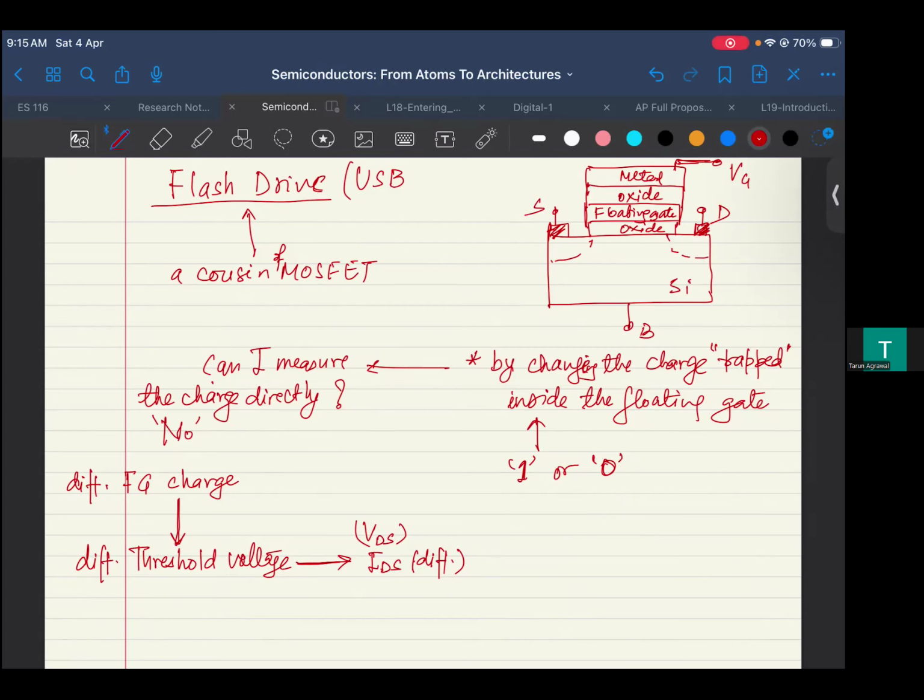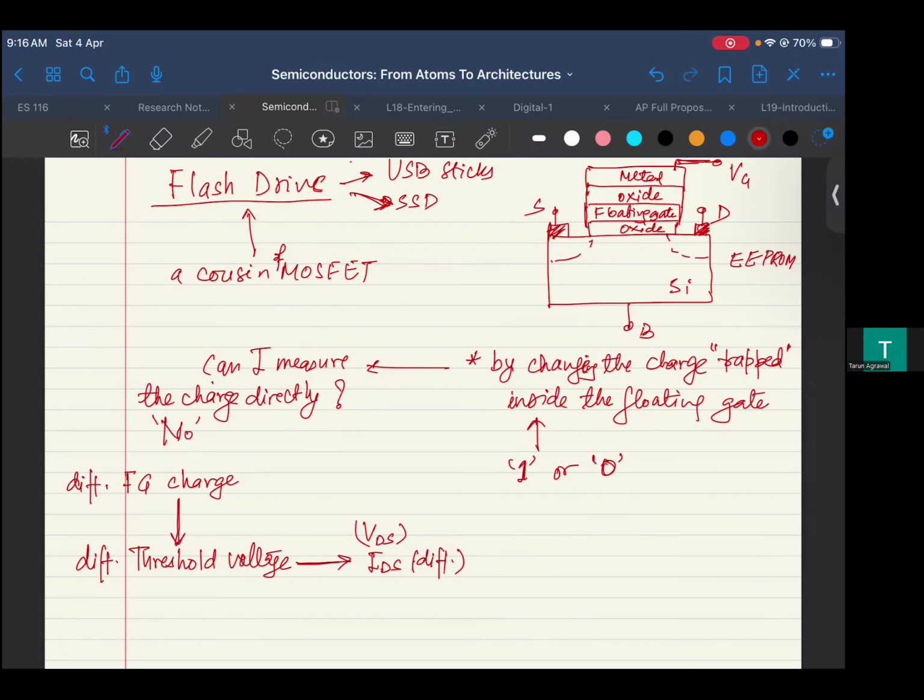The technology, in earlier days we used to call it EEPROM, the programmable memory, but now it can be called the flash cell, or the NAND flash cell, and I will come to why NAND flash. It finds application in your drives, like USB sticks, or the SSDs you find in your computer. Not HDDs, SSDs, the solid state drive.